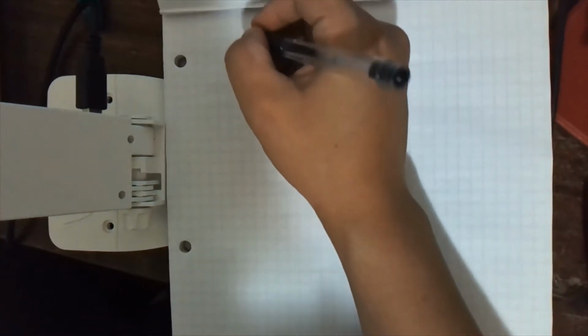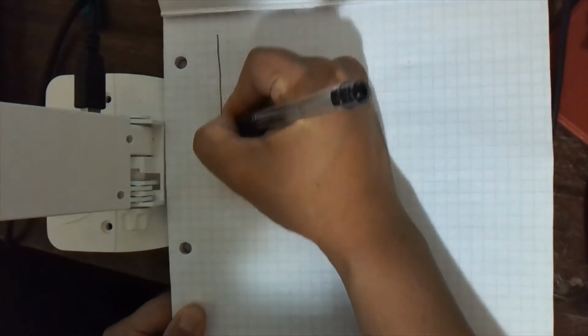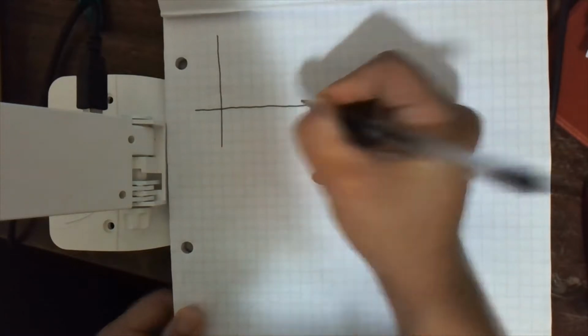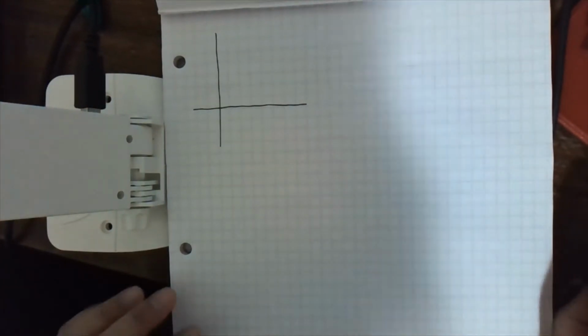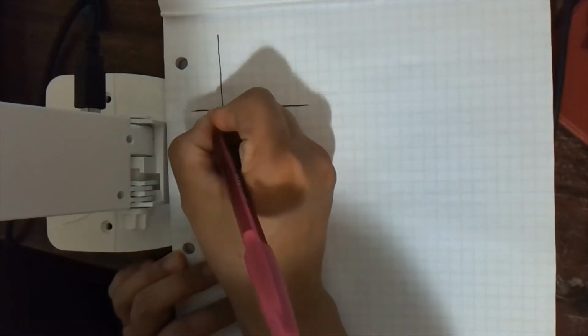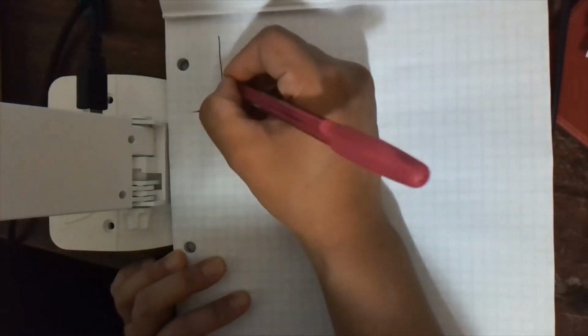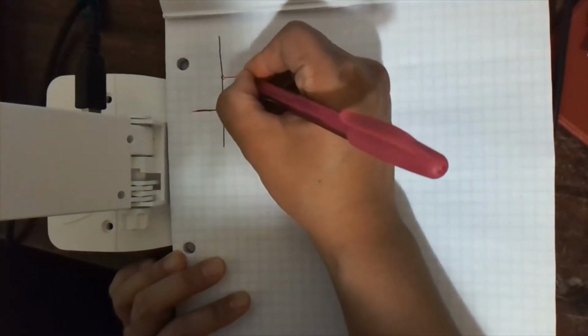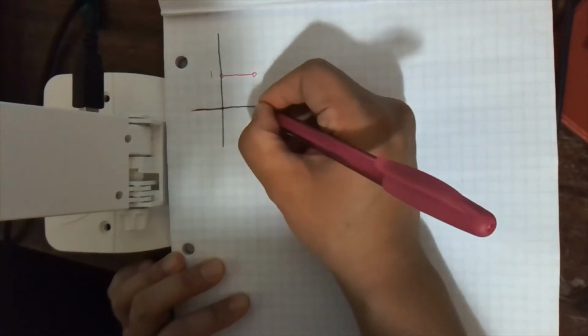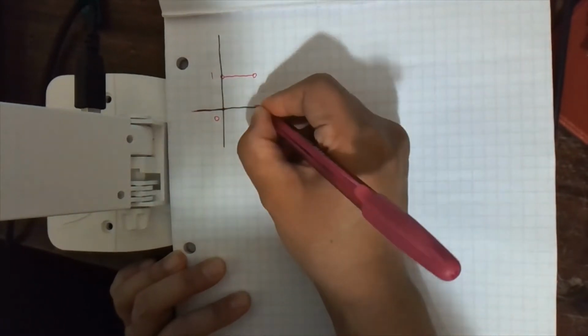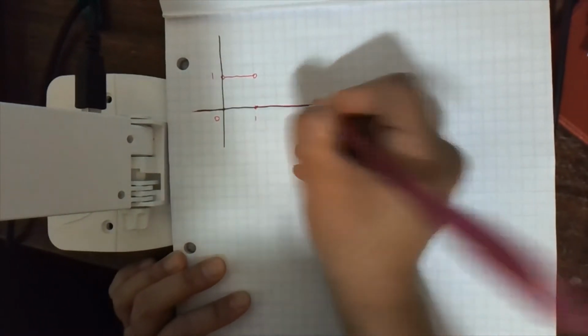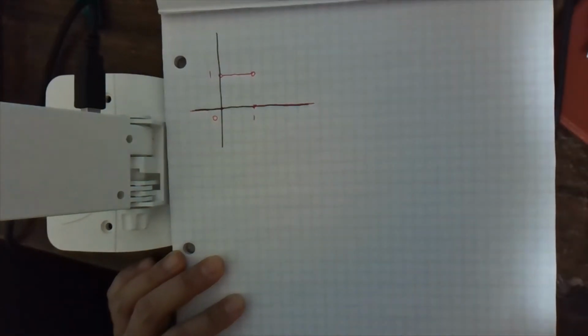A little bit about the geometric intuition of a convolution. We're going to talk about this by looking at a pretty simple function. Let's look at the function that is 0 on the negative numbers, and then it goes up to 1 from 0 to 1, and then it's 0 again for anything greater than 1.